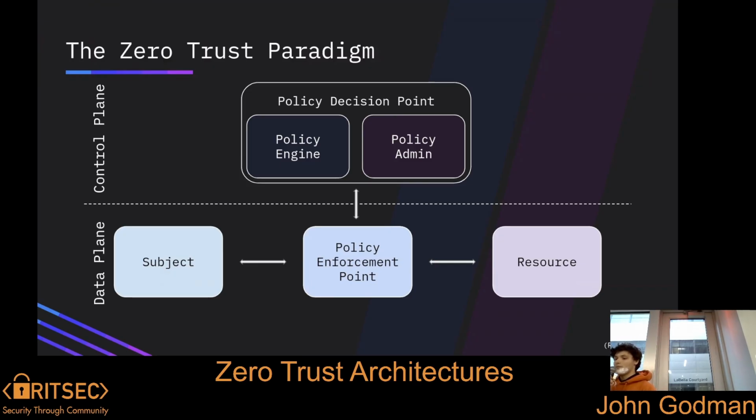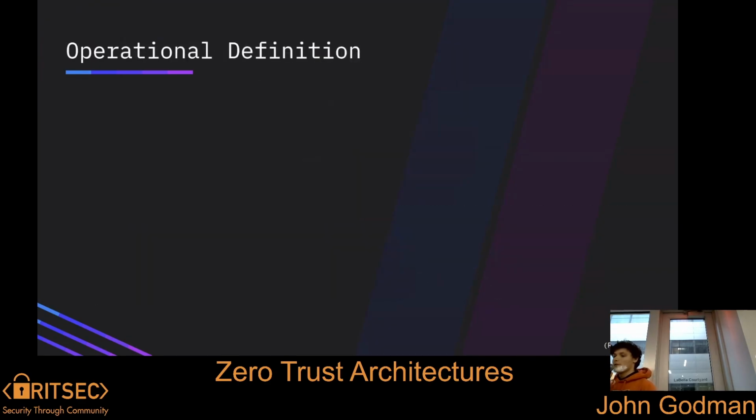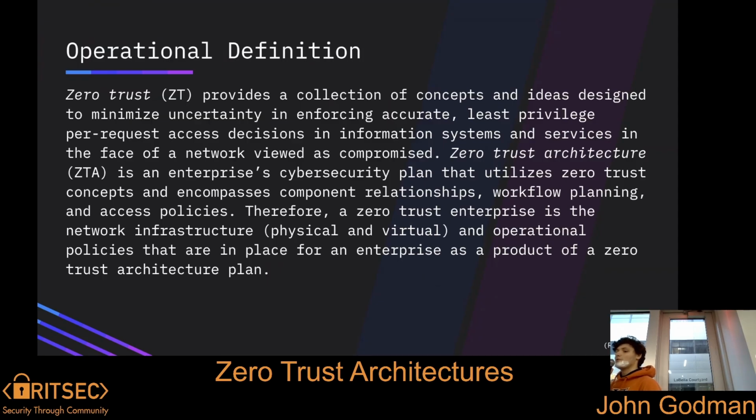And we can also split up the data plane based on our untrusted zone and our implicit trust zone. So the general idea is keeping everything in our subject untrusted, and then only the actual resource and the policy enforcement are trusted. So to define further, specifically from NIST Special Publication 800-207, this is the operational definition of Zero Trust.